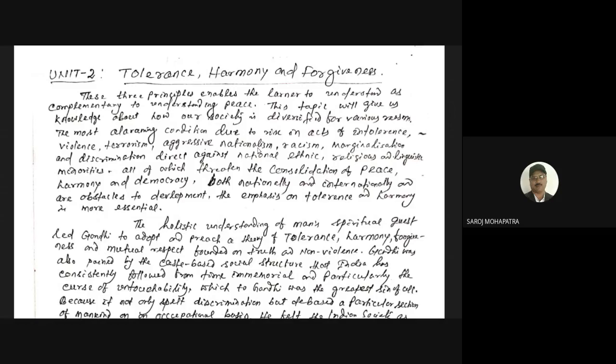And the most alarming condition is the rise in acts of intolerance, violence, terrorism, aggressiveness, aggressive nationalism, racism, and marginalization, and discrimination directed against national, ethnic, religious, and linguistic minorities, all of which threaten the consolidation of peace, harmony, and development.